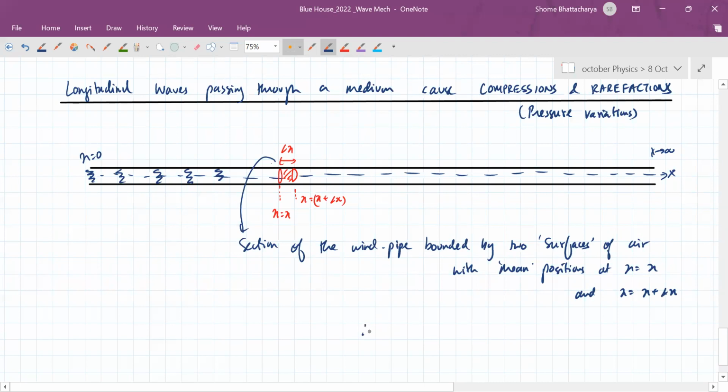So it has an unstressed volume, where A is cross-sectional area.